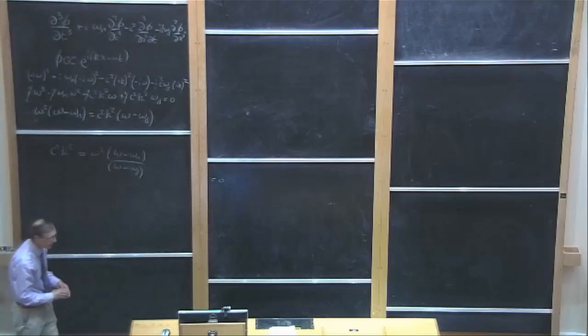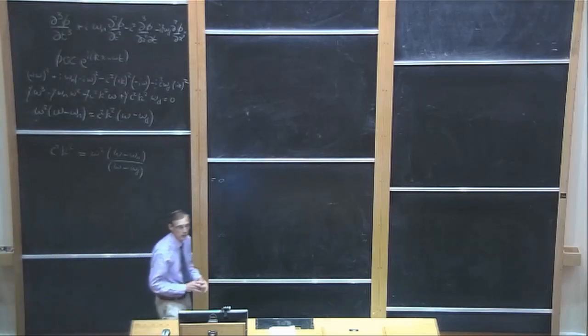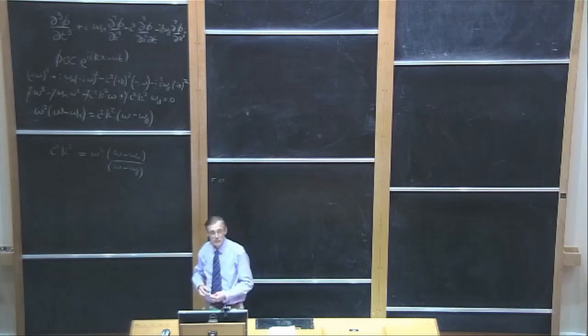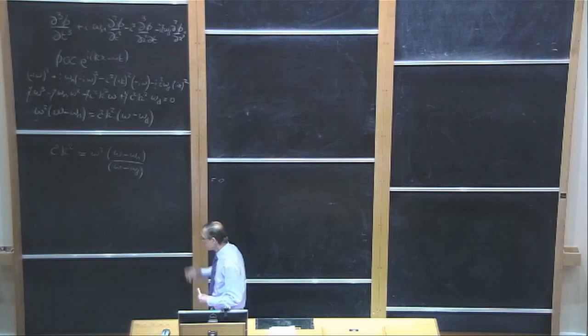Now, if they'd asked this on a second-year paper, it would have been entirely legit, because you do all this stuff in the second year. You find the refractive index for a medium containing free electrons, and it has this kind of form.